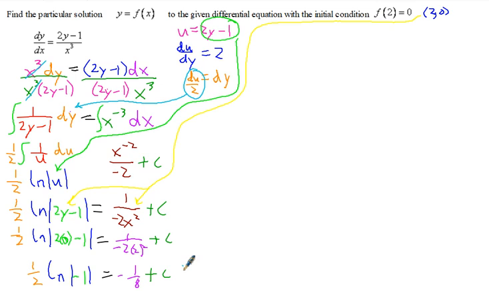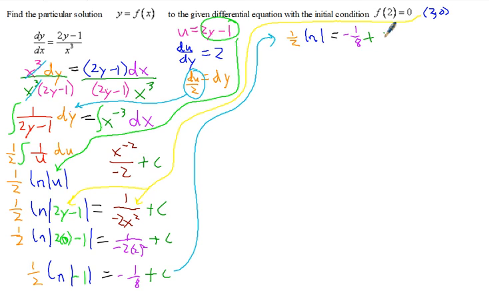Just move it up here so we can see it a little better. So now we've got, notice the absolute value changes that to be a positive 1. Otherwise, you couldn't have the natural log of a negative number. So we have 1/2 natural log of 1 equals negative 1/8 plus c.